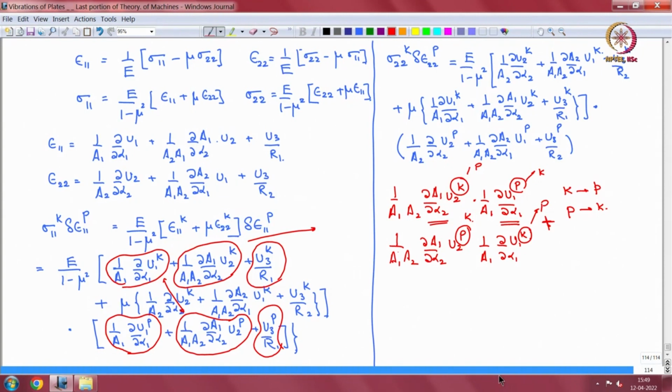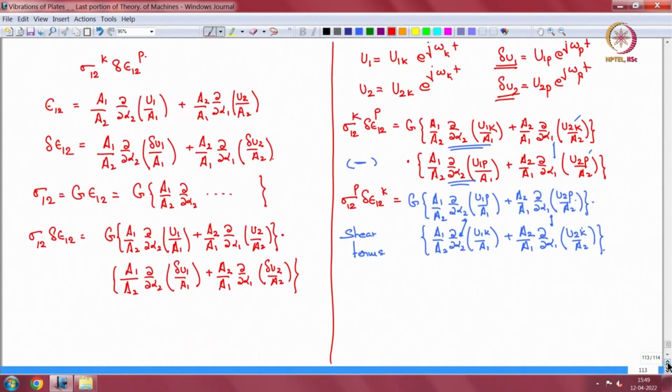With these two terms, sigma 11 k delta epsilon 11 p plus sigma 22 k delta epsilon 22 p, you'll get one set of terms. And if I change k to p, sigma 11 p delta epsilon 11 k plus sigma 22 p delta epsilon 22 k, I will get the same terms.